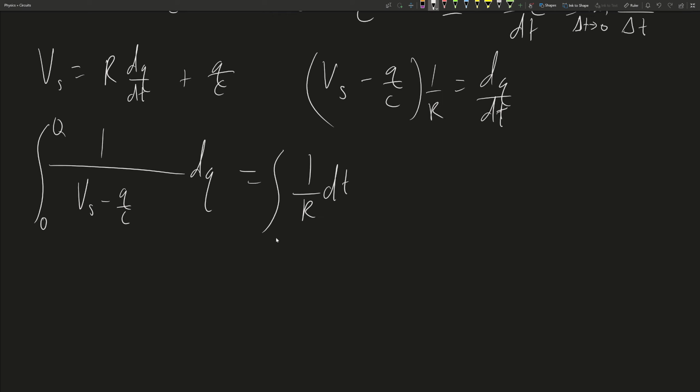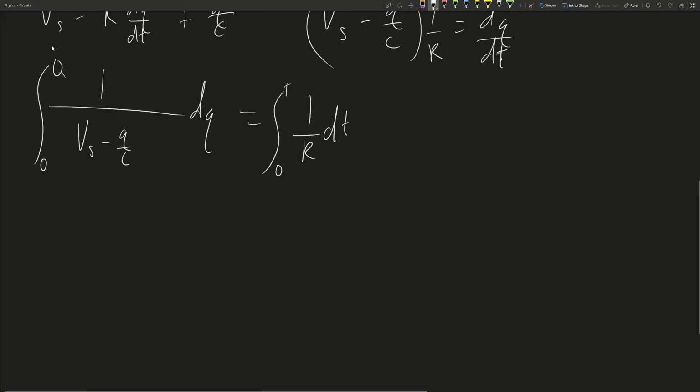And then from time 0 to the current time that has passed since the capacitor has been connected. So working this out, we get negative C ln of Vs minus Q over C evaluated from 0 to Q.